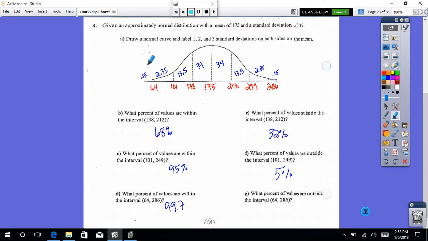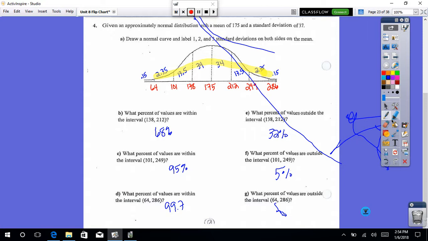In the last range, 64 all the way up to 286, the only two values that are not included is the two little 0.15s, which leaves us with the little 0.3. 0.15, 0.15 is 0.3.